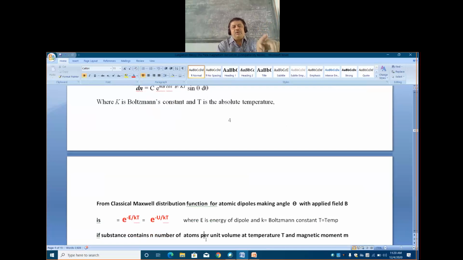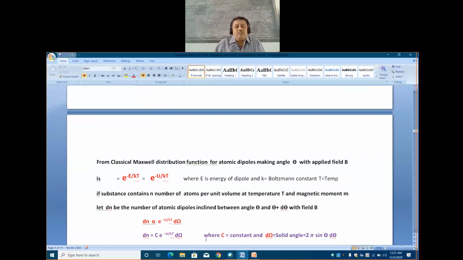So how do we get this expression? I have explained it in these lines. From the classical Maxwell distribution function, the atomic dipoles making an angle theta with the field direction are given by an exponential factor e to the power minus E by kT. It is like a tool that gives a classical distribution function.